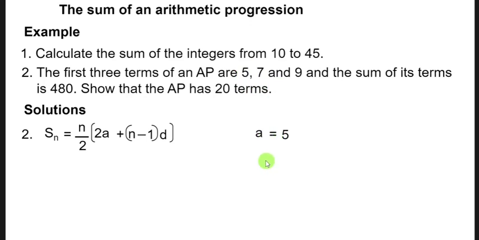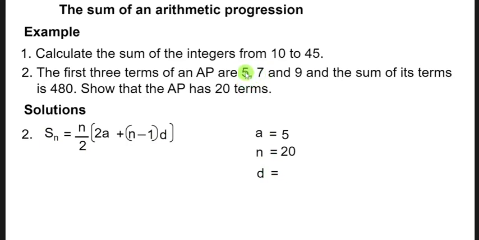Then the next thing is to find n, the number of terms. They have told us the sum of its terms is 480. Show that the AP has 20 terms. So it has 20 terms, so n is equal to 20. Then next is d. D is the common difference between consecutive terms.